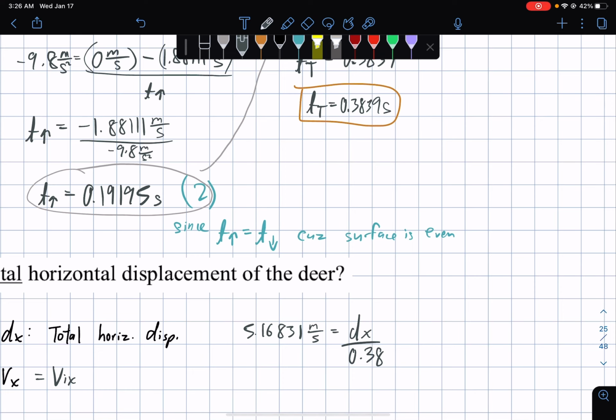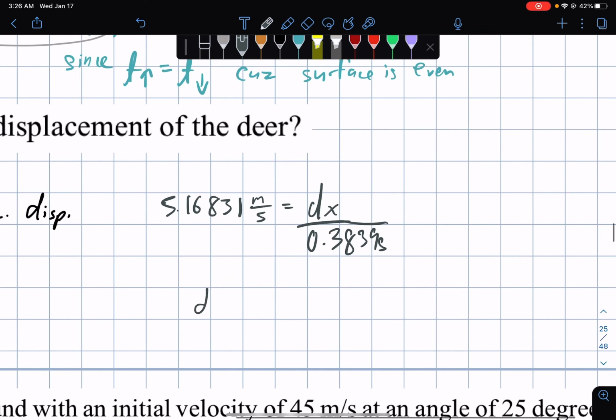It's 0.3839 seconds. So the answer is 1.98411 meters.